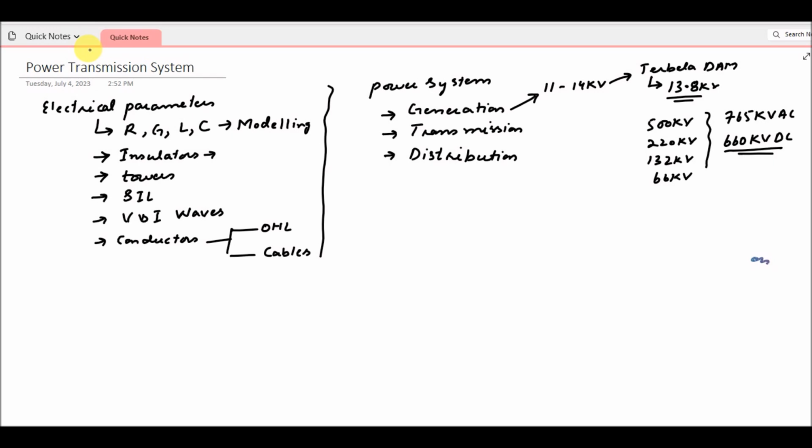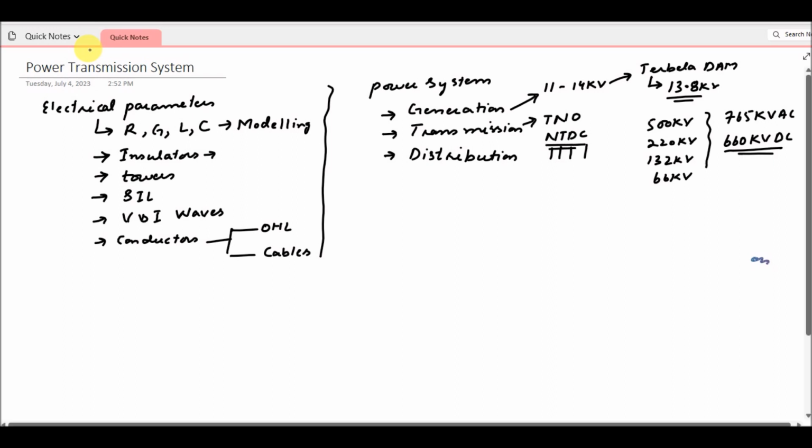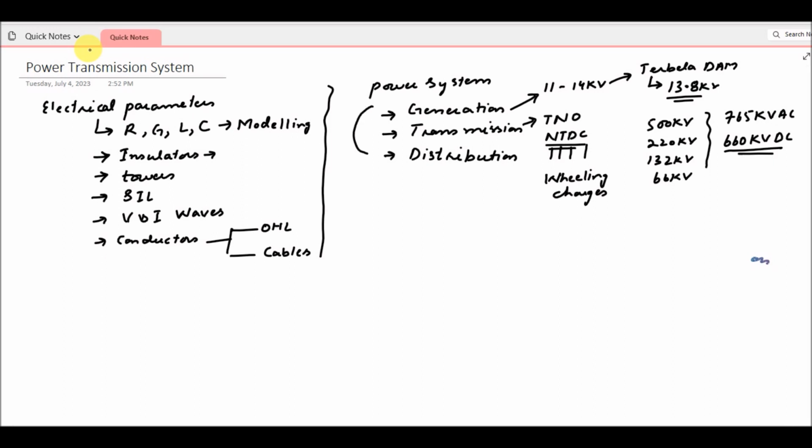The transmission network operator in Pakistan is NTDC, which is the National Transmission and Dispatch Company. They charge some amount to deliver the power from generation to distribution.